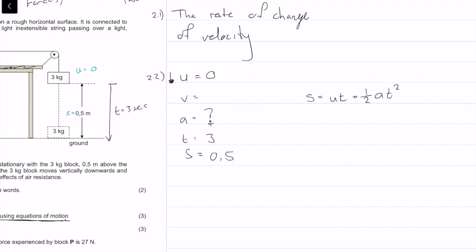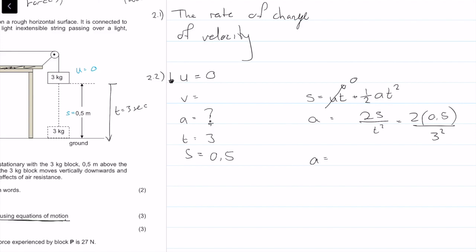Okay, u is 0, so that term goes to 0. So we can say that a is equal to, let's see, 2s over t squared. So if we plug in values, that's 2 times 0.5 all over 3 squared.